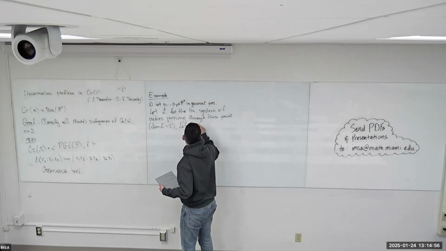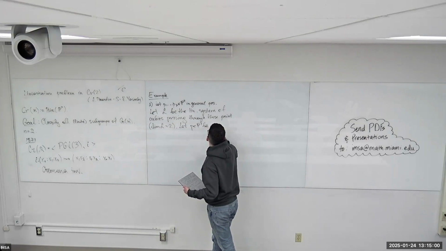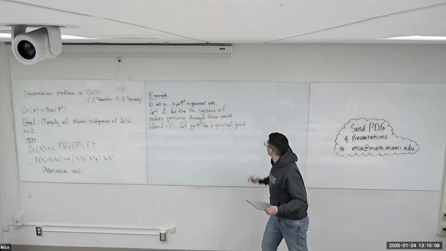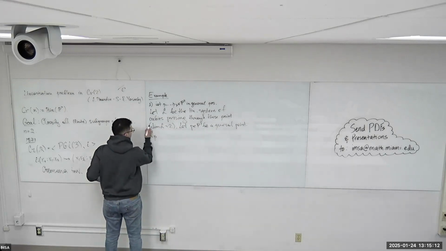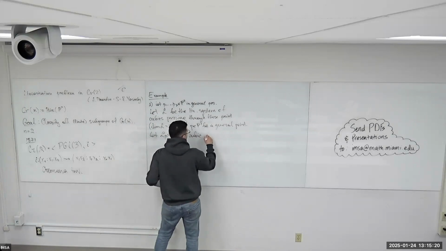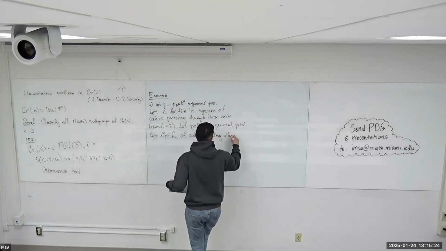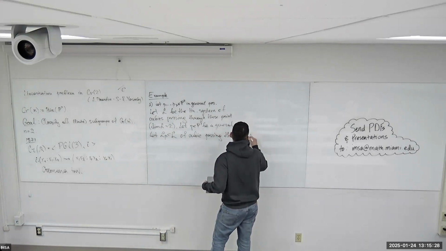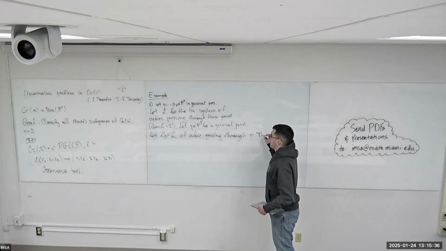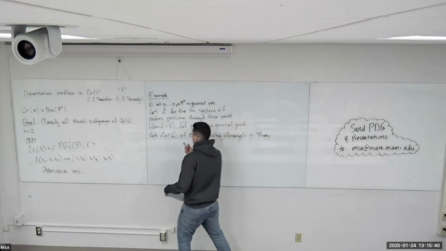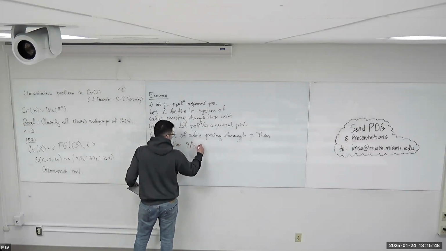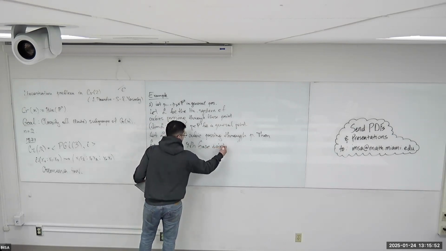Let P be a general point, and let L_P be the subsystem of L of cubics passing through P. Then L_P has a 9th base point, so there is a 9th base point of this linear system.